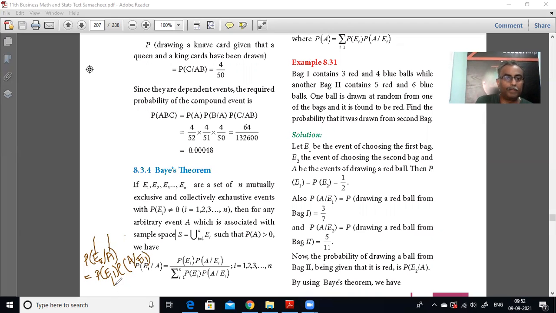Here this is the probability of choosing bag 1, and there the probability of choosing a red ball given you have already chosen bag 1. That is divided by the sigma of the same.